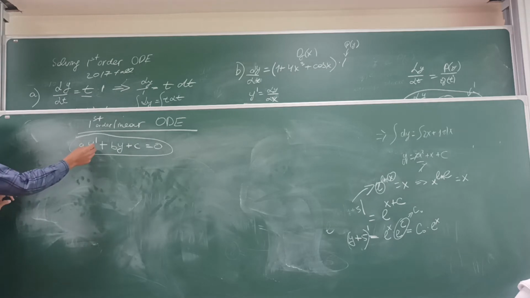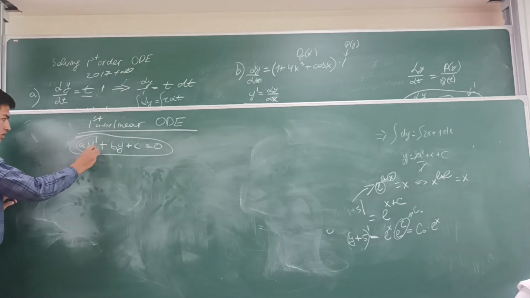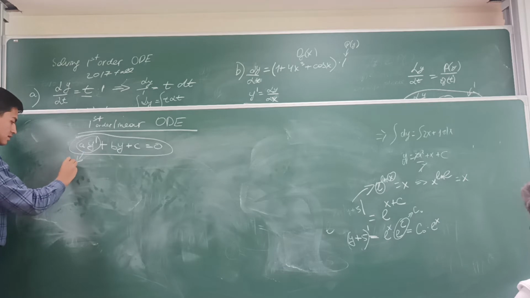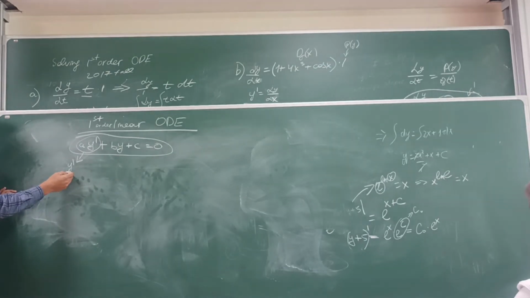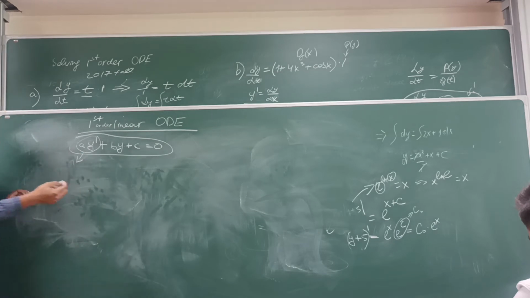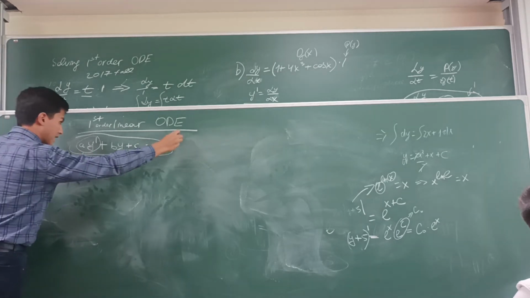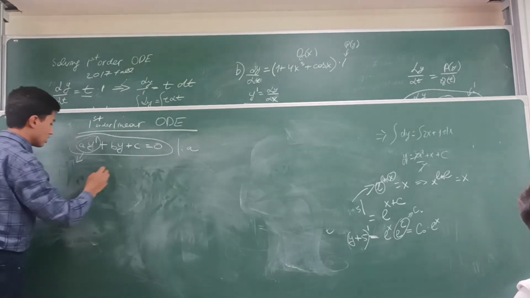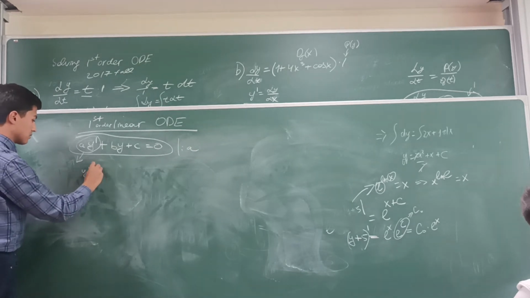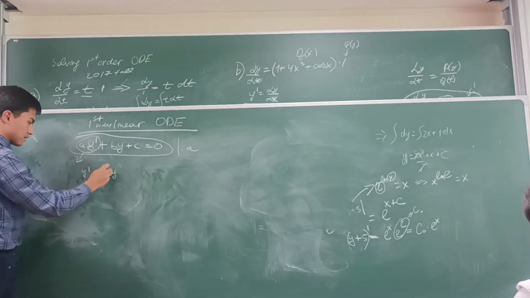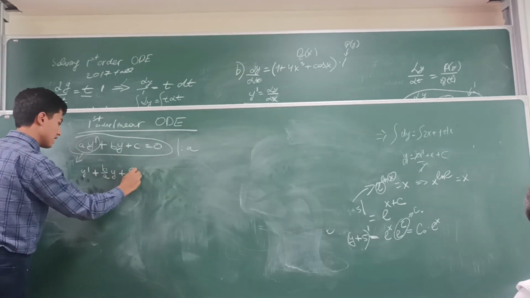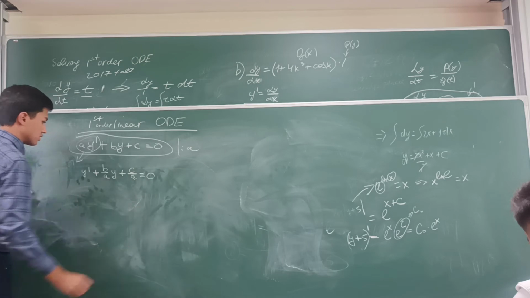The standard form is when there's no constant next to y prime. So in order to get this y prime alone, what do you do? Divide by a. When you divide by a, you're going to have y prime plus b over a y plus c over a equals 0.